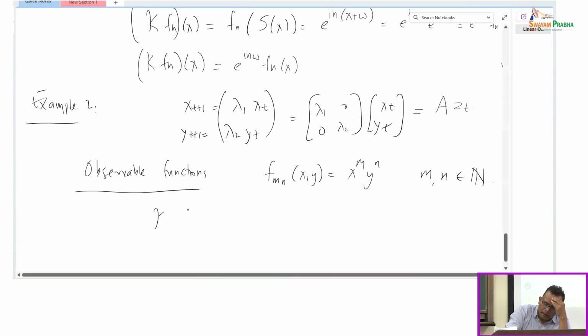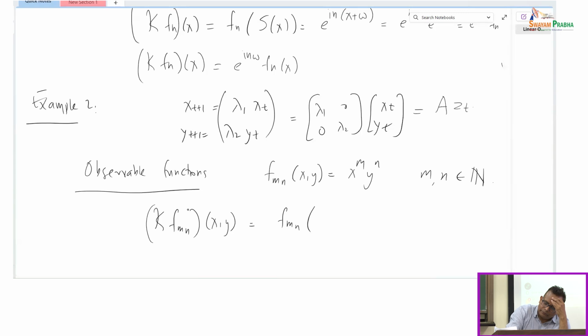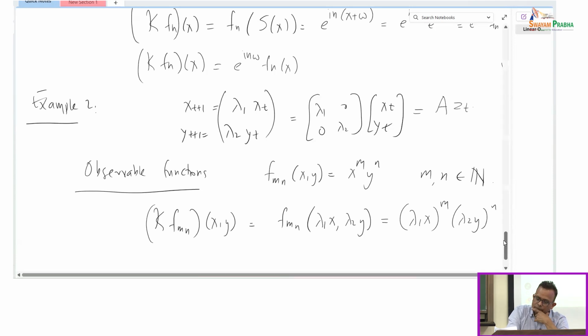So now Koopman of f m n of x, y will be f m n of lambda 1 x and lambda 2 y, right, which is lambda 1 x power m, lambda 2 y power n, right?